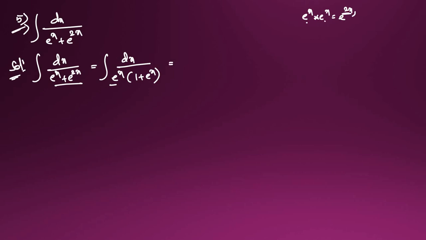So from this, what we can do here, e power of x is there, na? I will separate this one. Okay, one thing I will do, I will separate this e power of x. I will write integral 1 by e power of x minus 1 by 1 plus e power of x, okay, into dx.